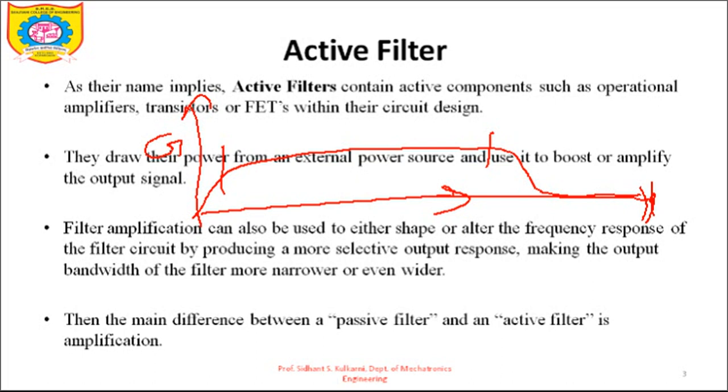So narrow band and wide band can be decided by properly selecting the components R and C. By simply selecting the resistor and the capacitor, narrow band or wide band signals can be filtered. So first of all, try to understand what bandwidth is. Bandwidth is the range of frequency over which your circuit will give the appropriate gain.